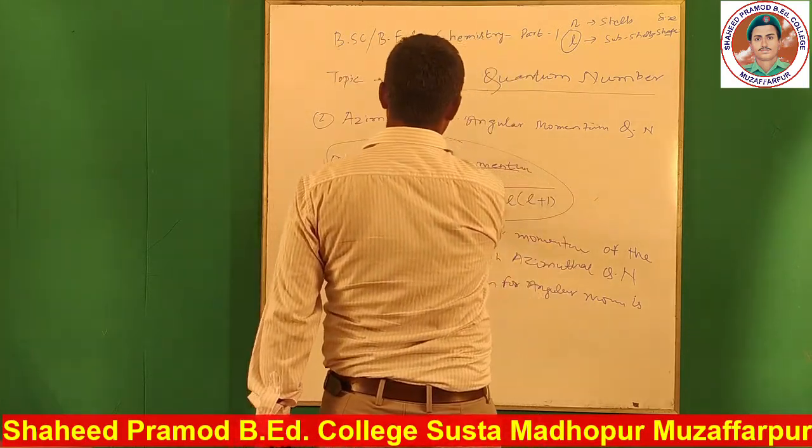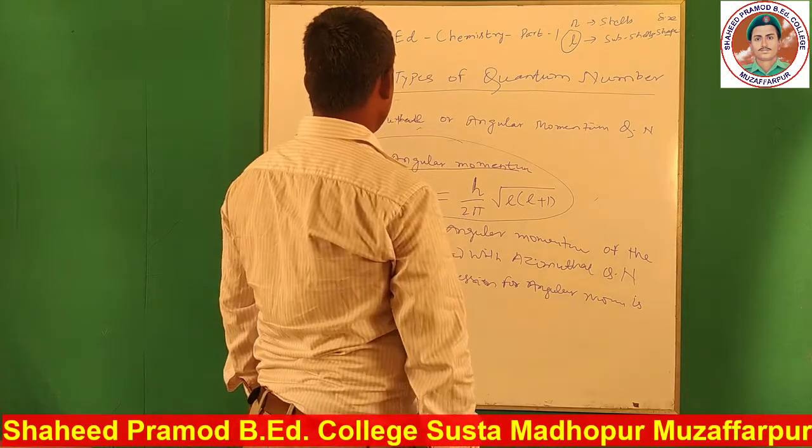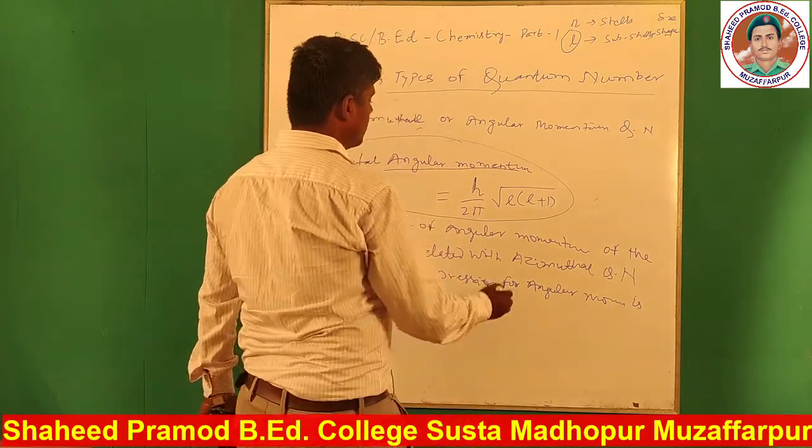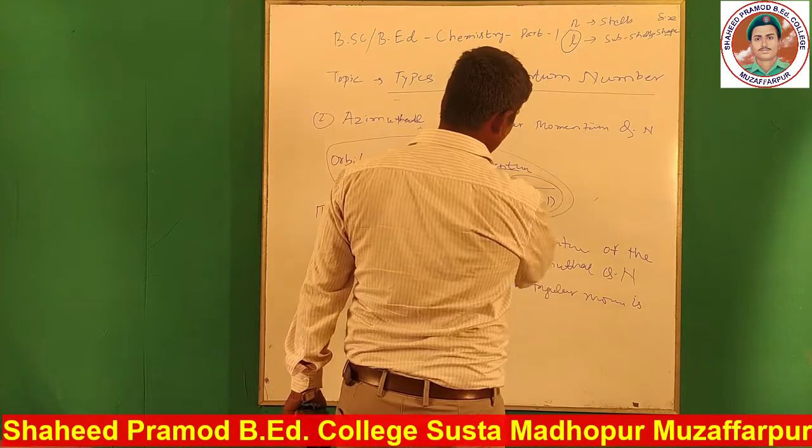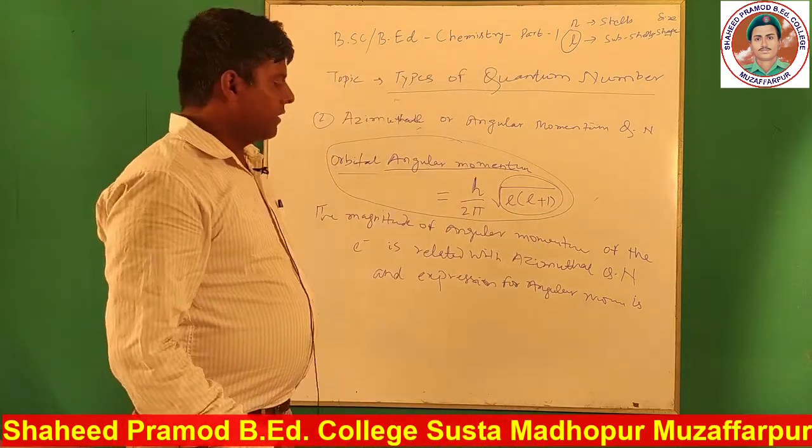So, this is the angular momentum of an electron in the orbit, and this is related with L.